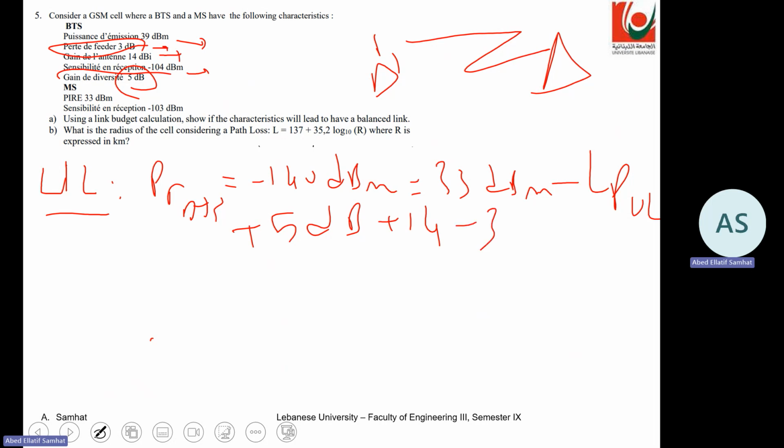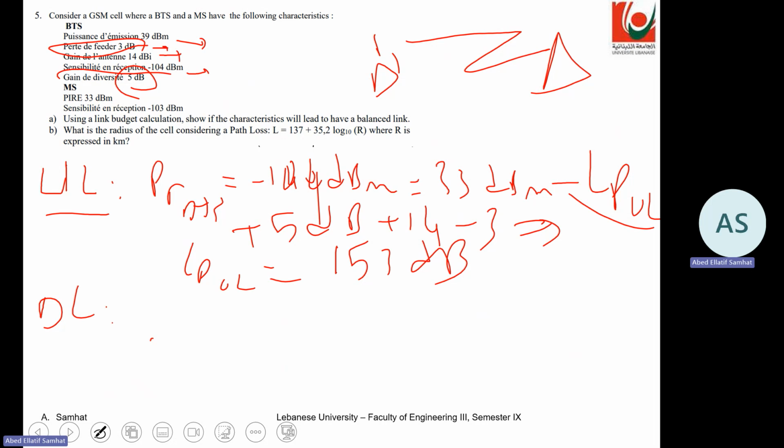In this case, we obtain that the path loss uplink will equal 104 plus 33 minus 14 minus 5, so in this case it will be equal to 143 dB. For the downlink, the received power is the sensitivity at the mobile station, which is minus 103 dBm.